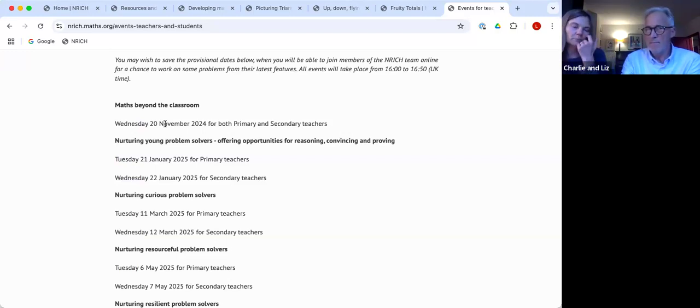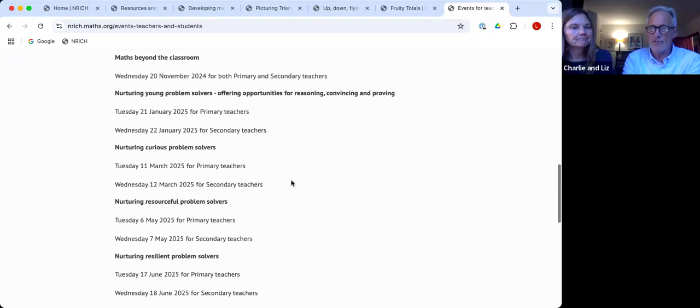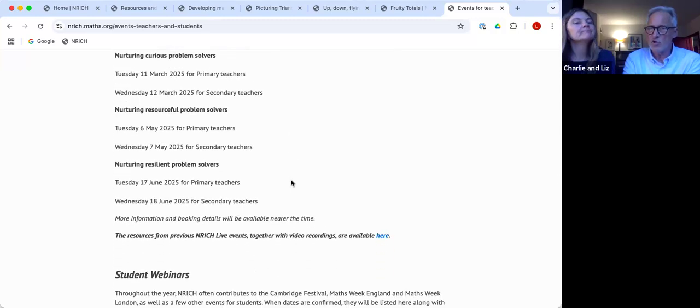For those of you who are part of the Problem Solving Schools initiative, there are some statements in the charter which are about maths beyond the classroom, so that should be of particular interest for those of you trying to develop that area of what you offer your students. And then the 22nd of January will finish this set of five, focusing on reasoning, convincing, and proving. But there are also dates for webinars in March, May, and June.